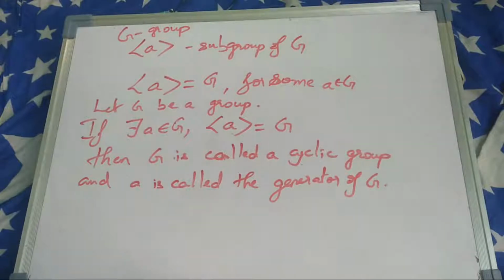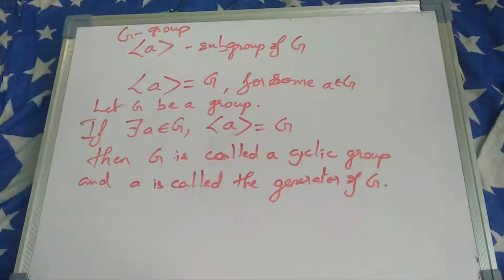Given a group, we can find a subgroup, say the subgroup generated by A, which we defined earlier. Now there is a possibility that it turns out to be the whole group itself. If there exists such an element where the subgroup generated by A is the entire group G, then we have a specific name for the given group.